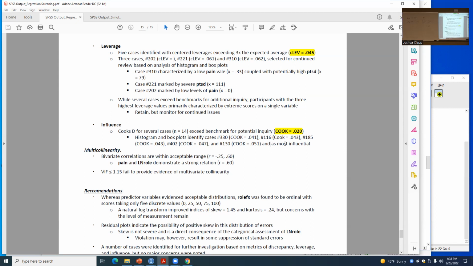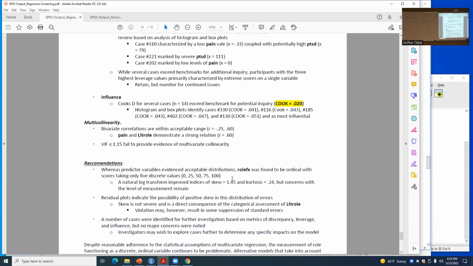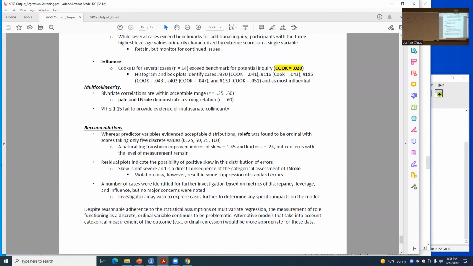You could go through and talk about that combination plot to say, oh, case number 310 came up as maybe kind of an issue, 130 switched around. And then going through multicollinearity, bivariate are okay, VIF, no evidence of multicollinearity, so just addressing that, right?